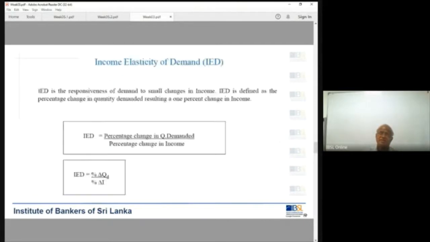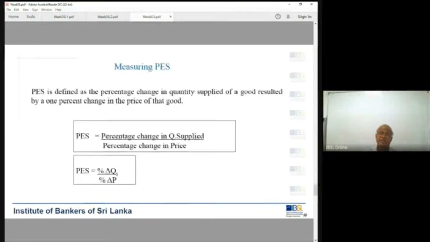Similar to the other measures, the definition is the same. It is the percentage change in quantity supplied divided by the percentage change in price of that good.